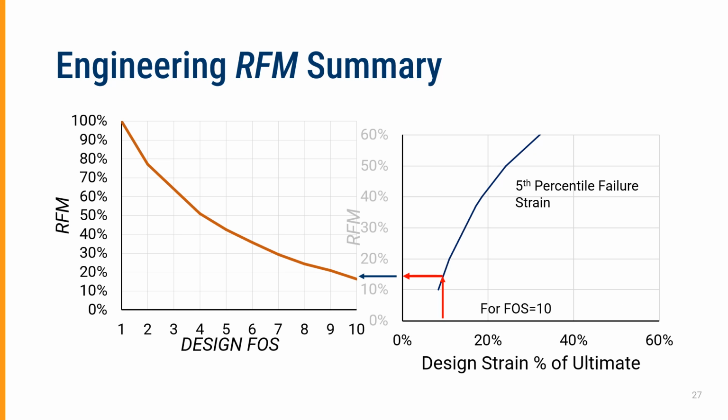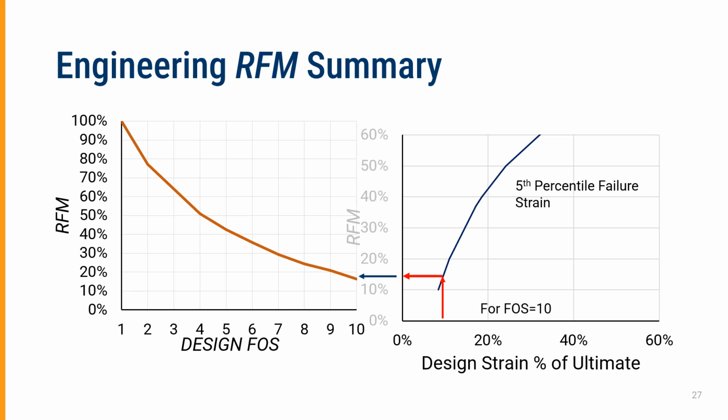Developing that, we say, okay, we know for a factor of safety of 10 that nominally we're allowing a design stress of 10% of the ultimate. We're allowing a design strain of 10%, or that is 10% of the ultimate strain at failure.